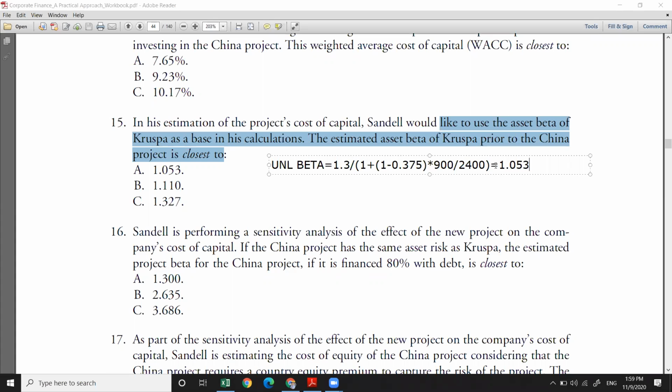Now this number will be used for the project, because we have calculated the unlevered beta. Now we can find the project beta, using the unlevered beta that we found, 1.053. The debt equity ratio changes here. It says the estimated project beta for the China project is financed 80% with debt and 20% with equity.